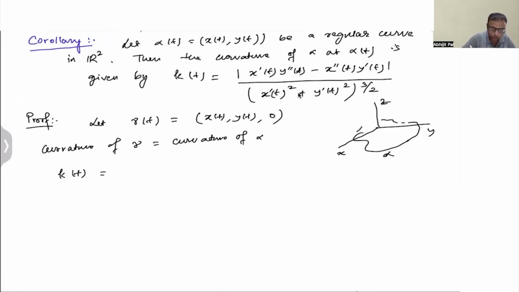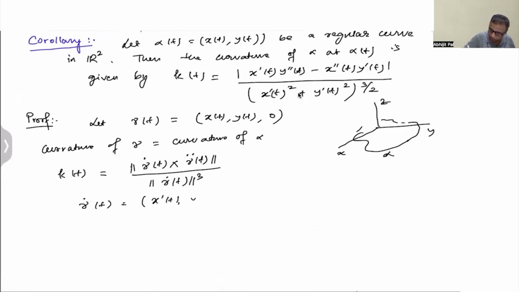Okay. So therefore this k(t), by our formula, is equal to the norm of gamma dot t vector product with gamma double dot t, divided by the norm of gamma dot t cubed. And so what is my gamma dot t? It is (x prime t, y prime t, 0), and gamma double prime t is (x double prime t, y double prime t, 0).